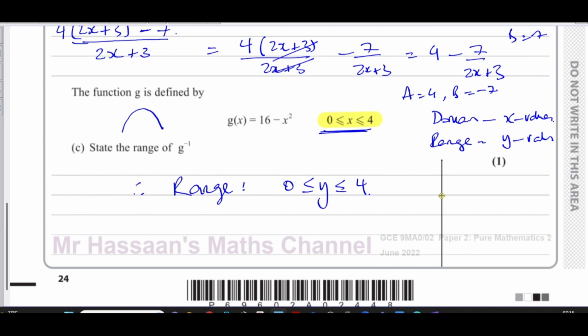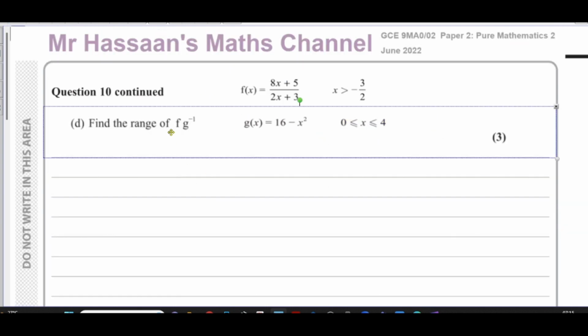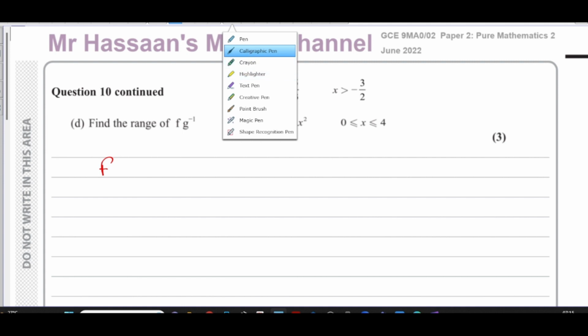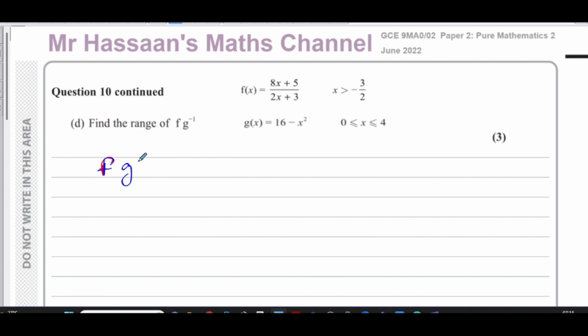Now I'm going to move on to the next part of the question, which is something I really want to go through in some detail. It says find the range of f, g inverse. So the range of the composite function, f of g inverse of x, basically.